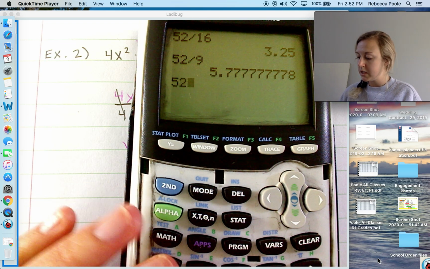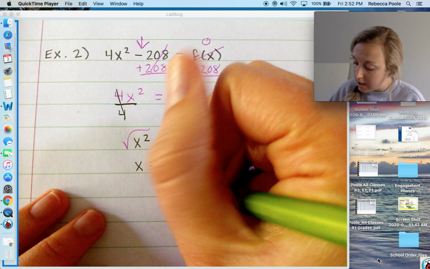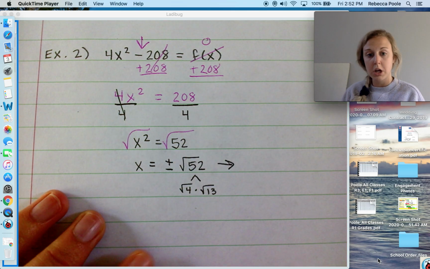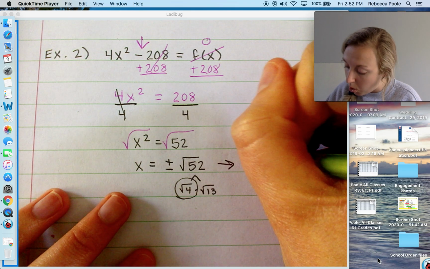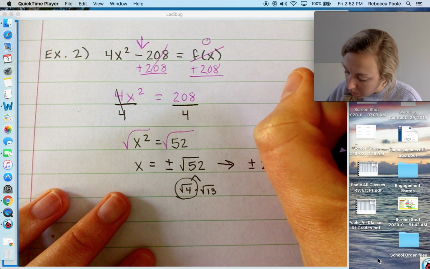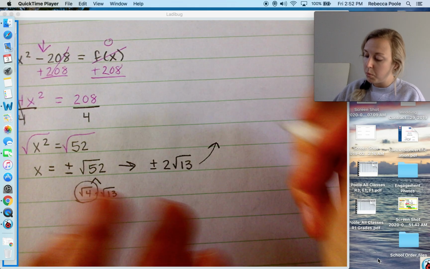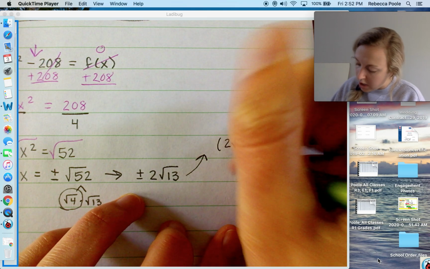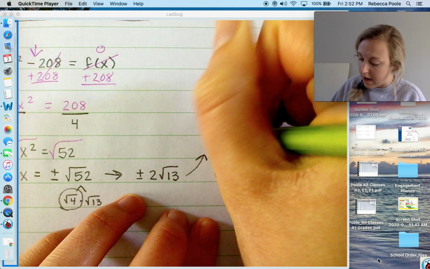Didn't work. 52 divided by 4, we get 13. So look at this. This breaks down into the square root of 4 times the square root of 13. And then we know the square root of 4 is just a whole 2. So this means that we get positive 2 square root of 13, comma 0, and negative 2 square root of 13, comma 0 as our x-intercepts.